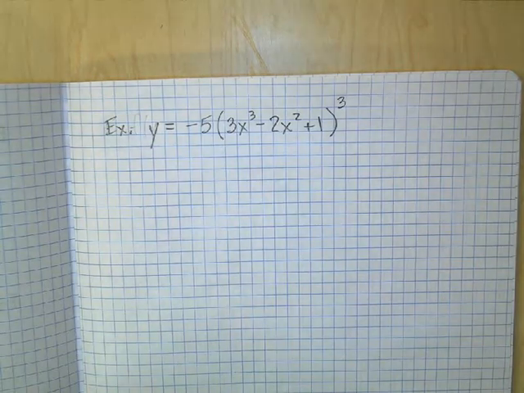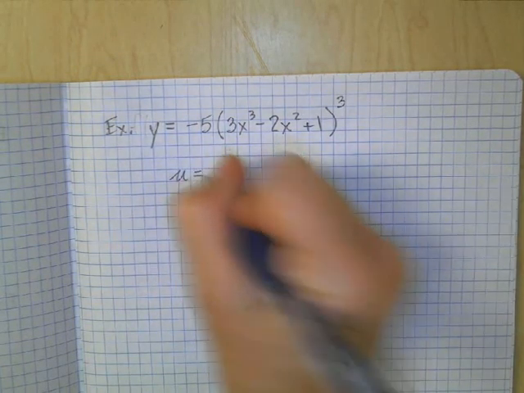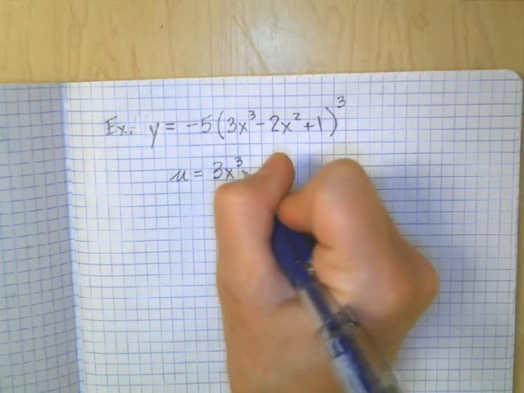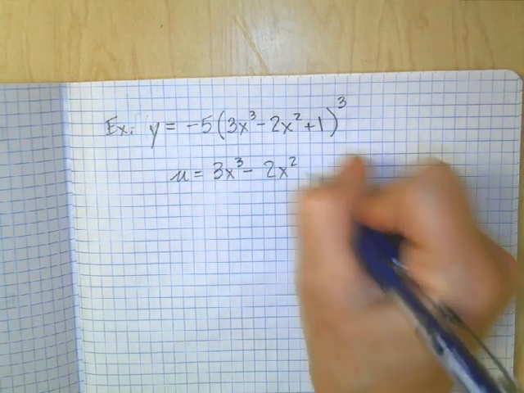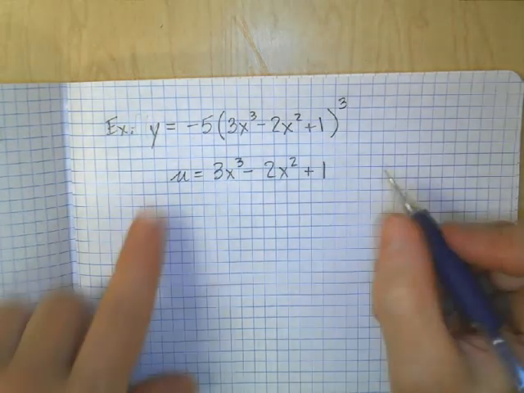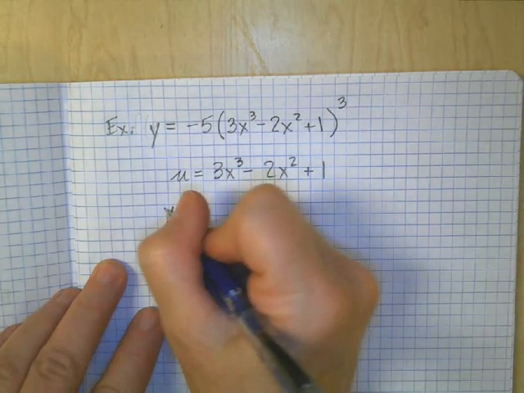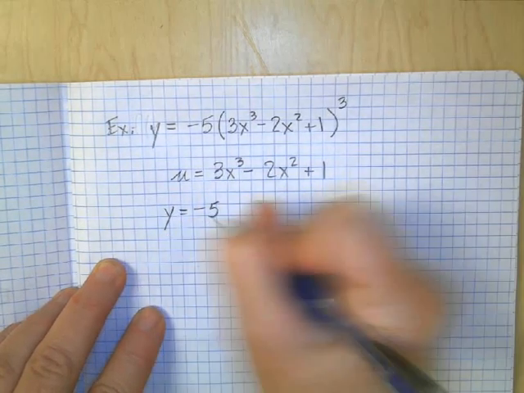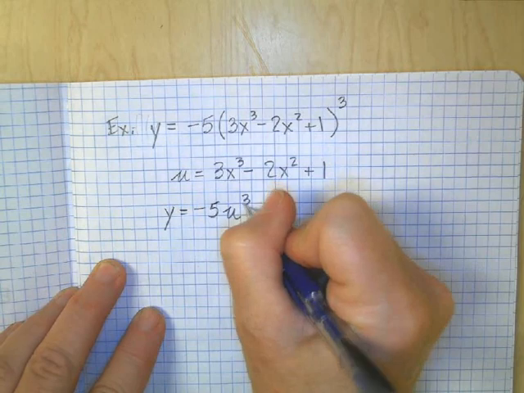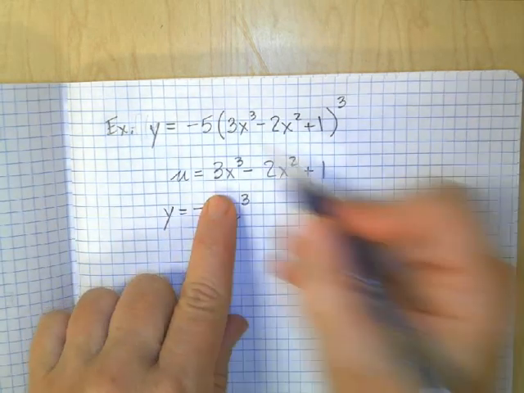My u is going to be equal to what's in the parentheses. So therefore y is equal to negative 5 u to the 3rd.